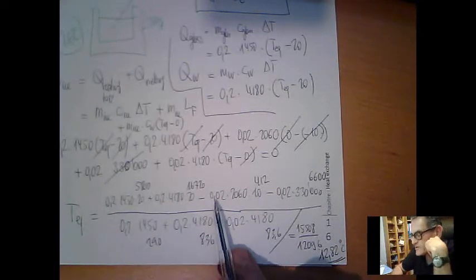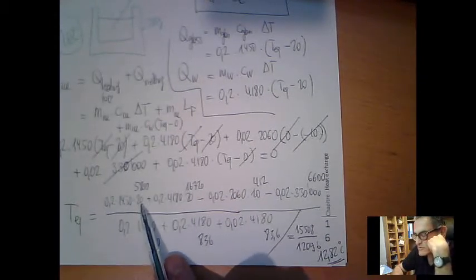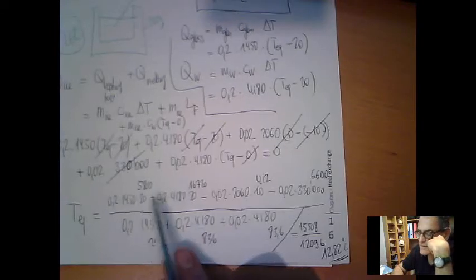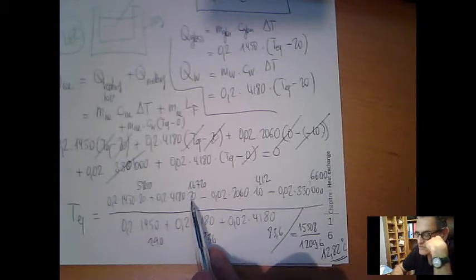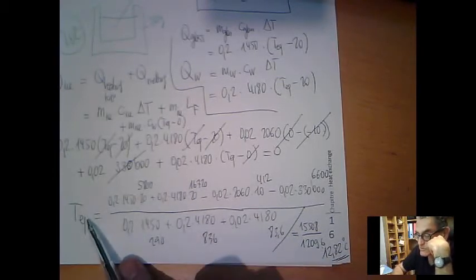All these terms here, what do they do? You see that these terms correspond to the initial energy contained in the glass, and this is the initial energy contained in the water. So this increases the equilibrium temperature.